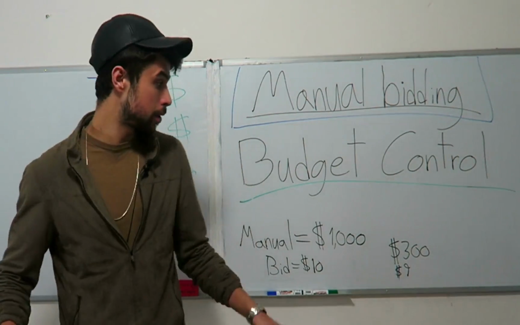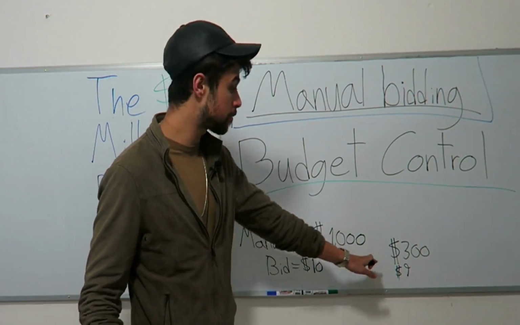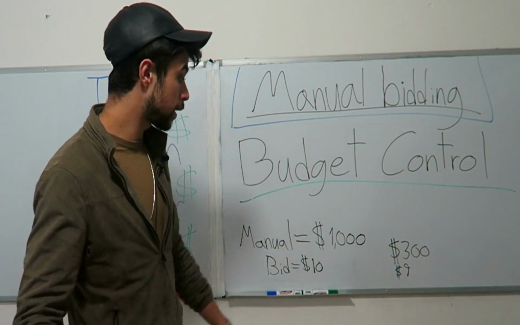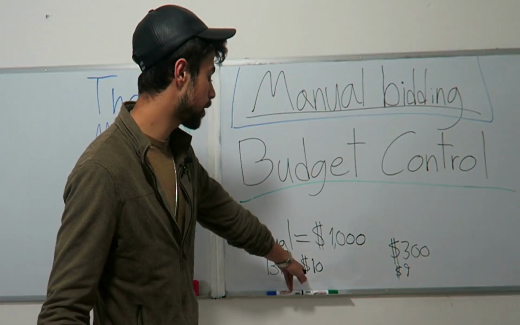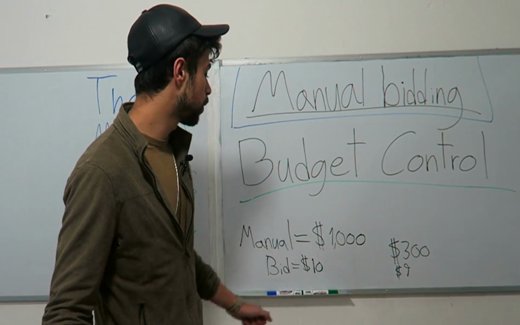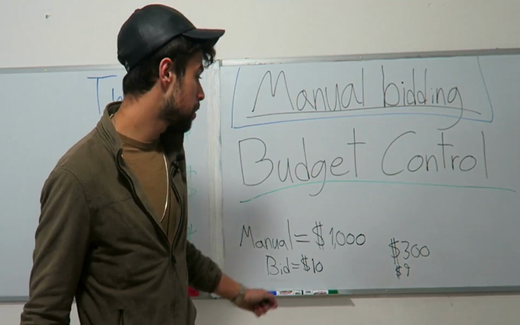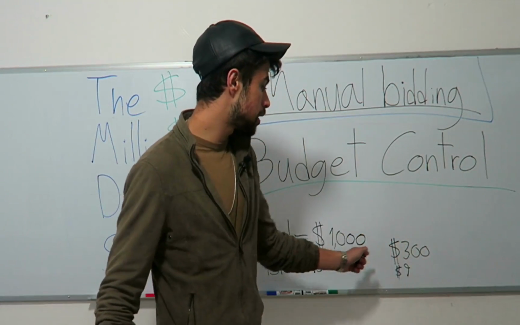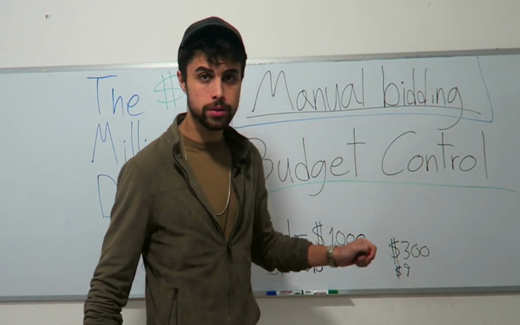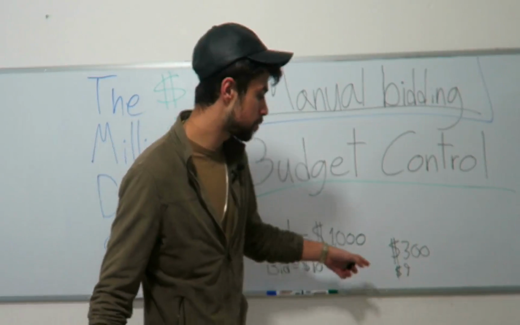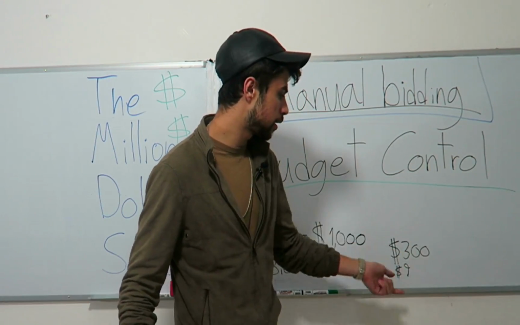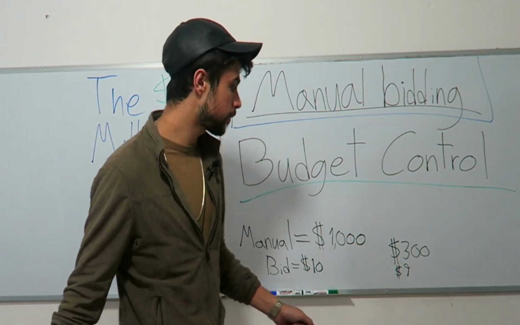Even though the budget is $1,000, it spent only $300, because when you're doing manual bid, if it does not find you purchases underneath $10, it won't spend money. So in this case, it spent $300 with $9 cost per purchase. So it found over 30 purchases.